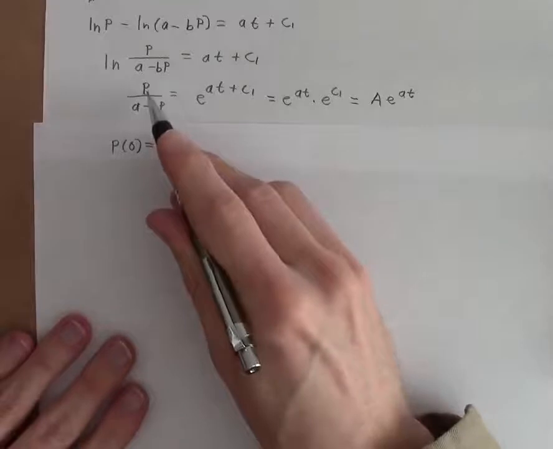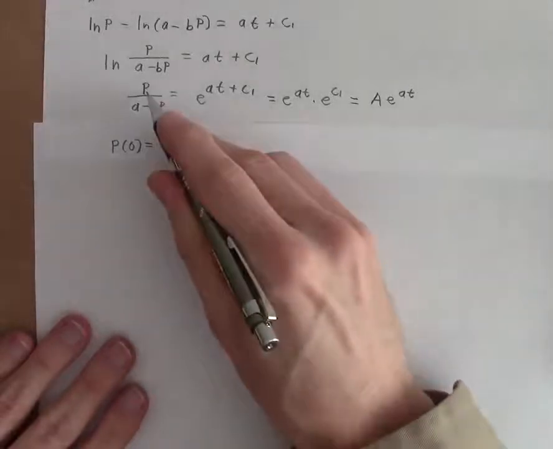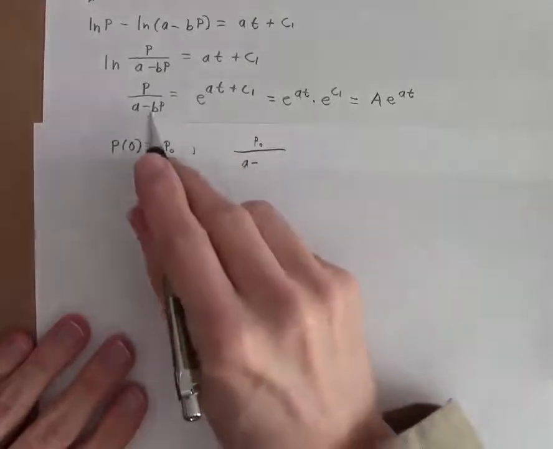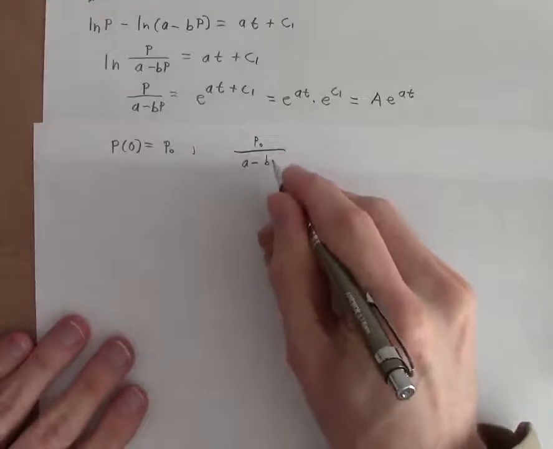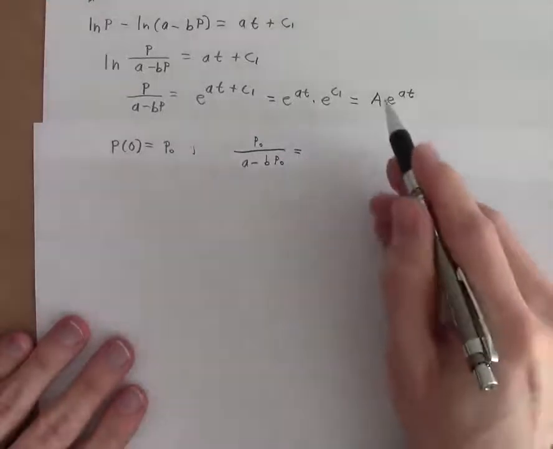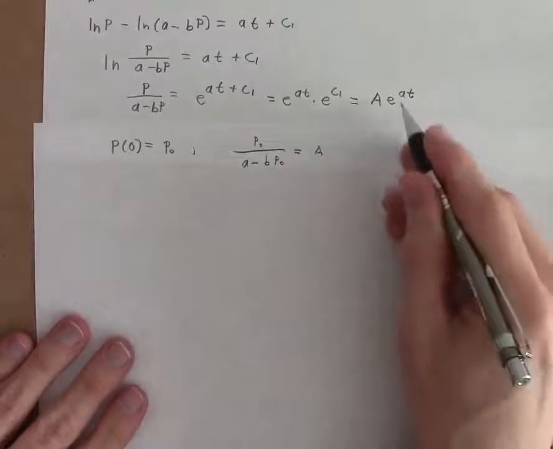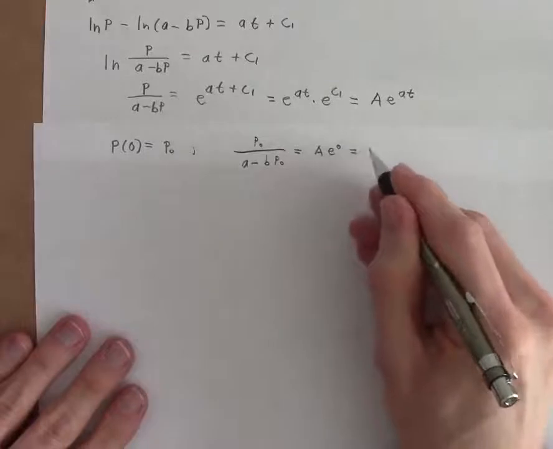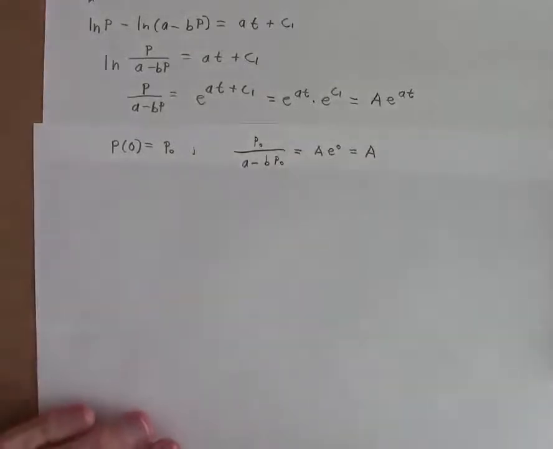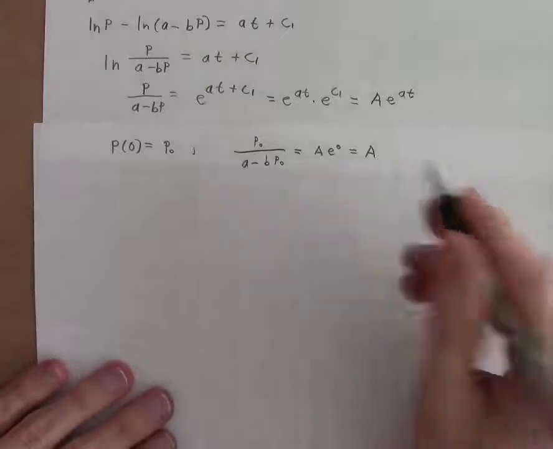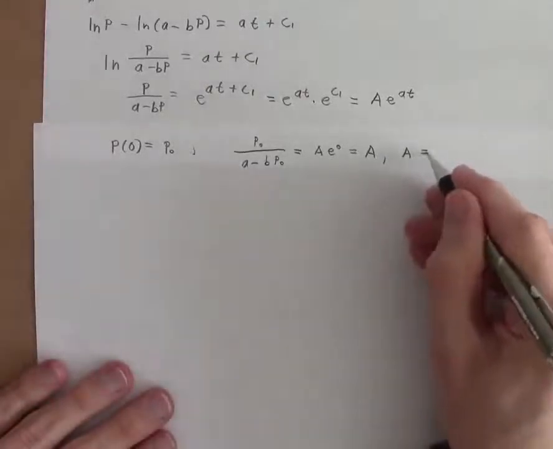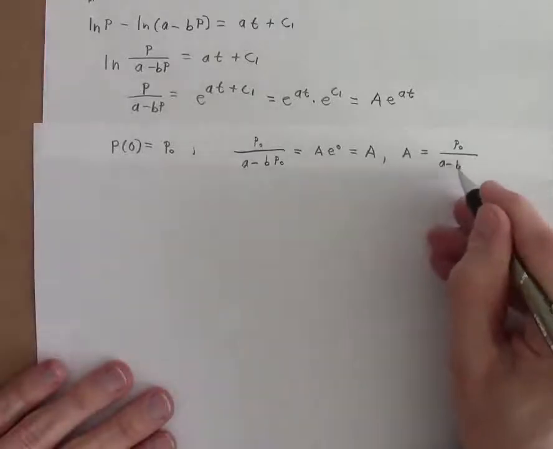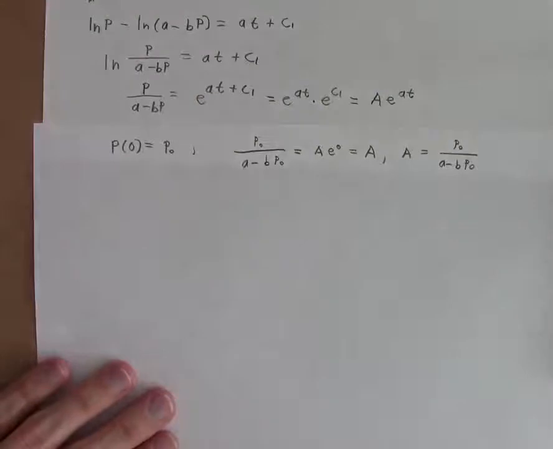So that's P0 going in place of P. So that becomes P sub 0 divided by a minus b times P sub 0 equals, and then we have A e to the power a times 0. Of course, that's just 1, so that's equal to A. So that shows us the value of the constant A. A has the value of P sub 0 divided by a minus b P sub 0.